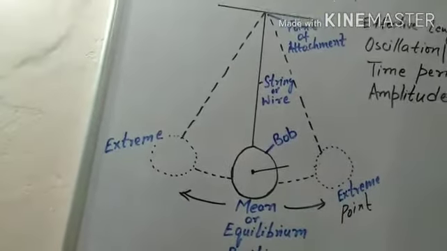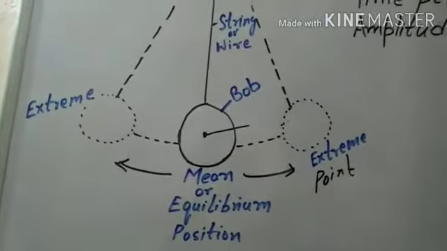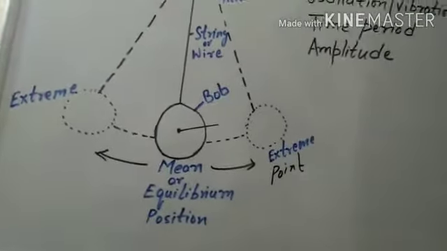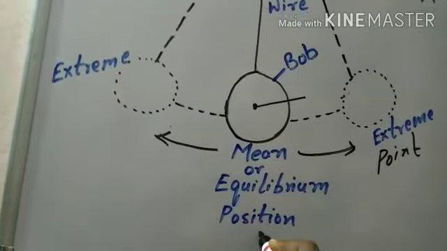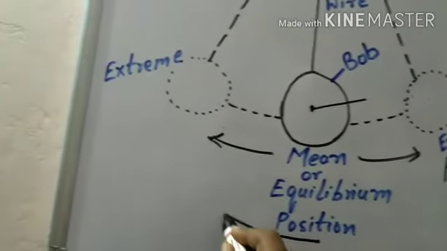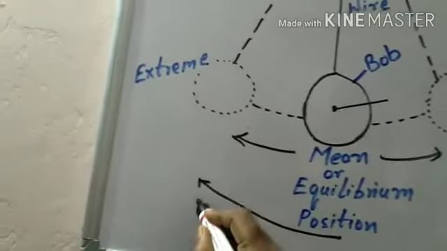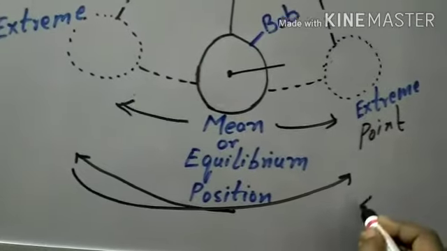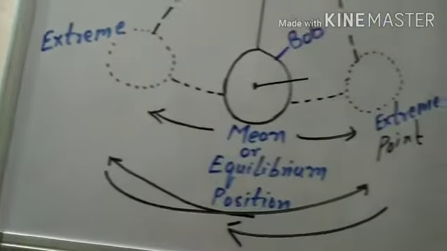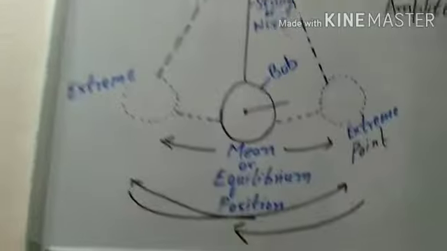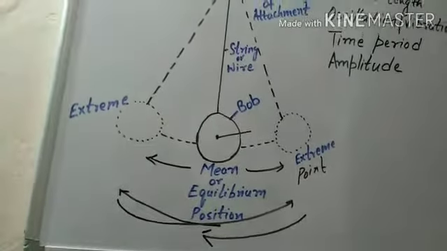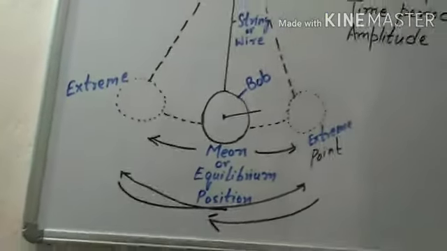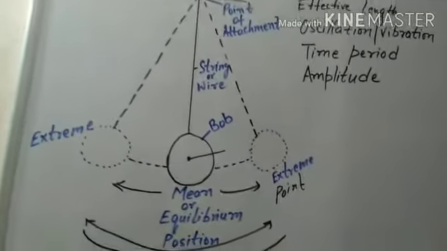That means we have to count one oscillation, and the method is from the center point to one extreme, then to the other extreme, and again back to its mean position. This is known as one oscillation, and the time taken to complete one oscillation is known as the time period.